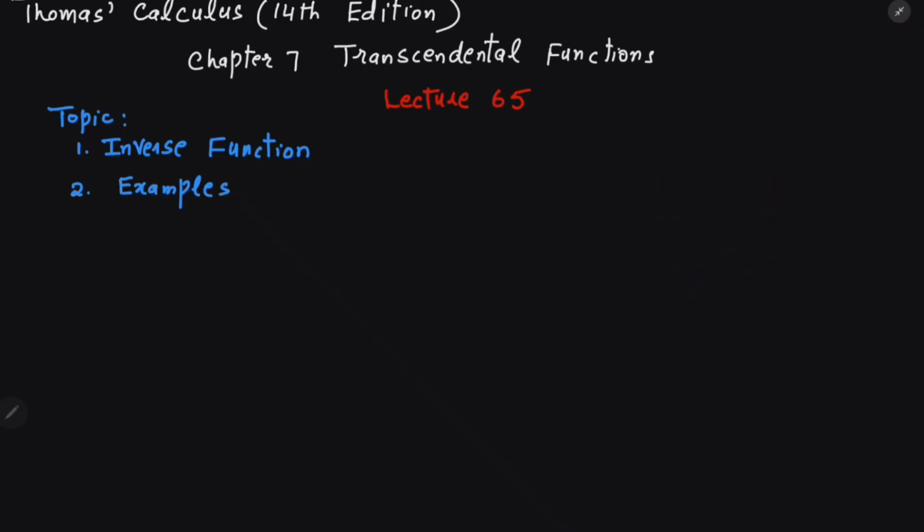Let me start from an example and generate a table out of that. Our first example is f of x is equal to x cube, and suppose the inverse function is f inverse of x is equal to x raised to power 1 by 3.